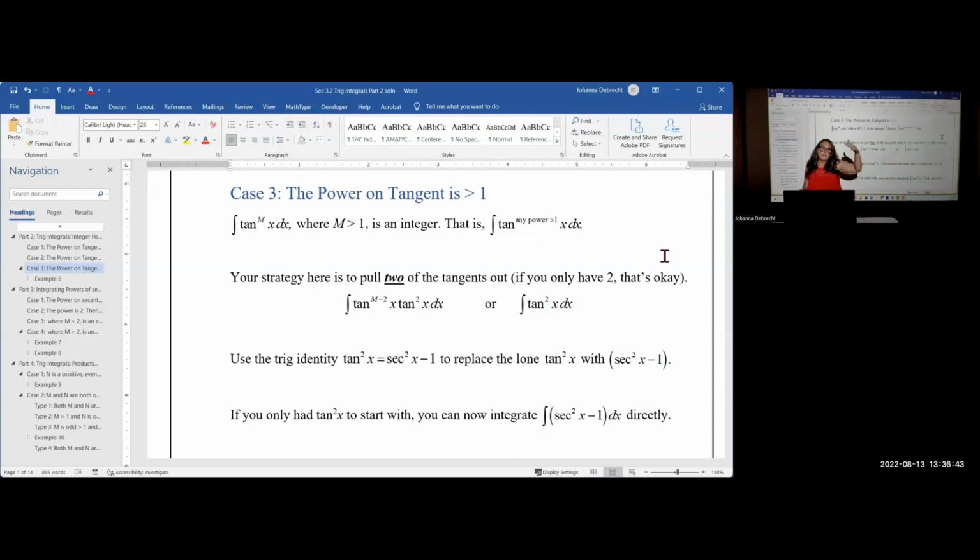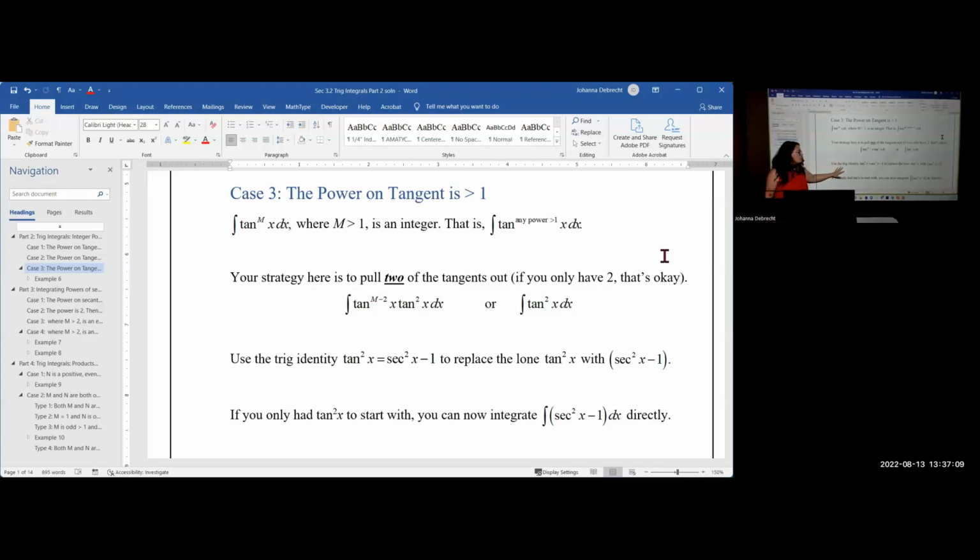But if you had 3, 4, 5, 6, 7, something like that as the power on tangent, you're going to pull 2 of the tangents to the side, and then you're going to have what's left. So let's say you had tangent to the 5th. Then you're going to make that tangent to the 3rd times tangent squared. So you're going to pull 2 off instead of 1. So with sine and cosine, we pull 1 off to become part of du. And with tangent, we pull 2 tangents off.